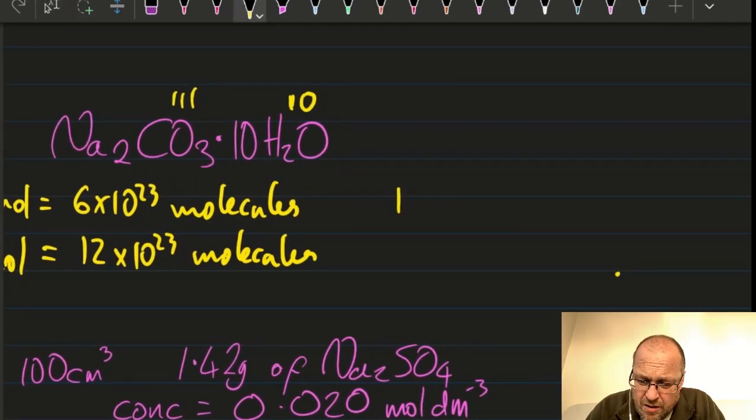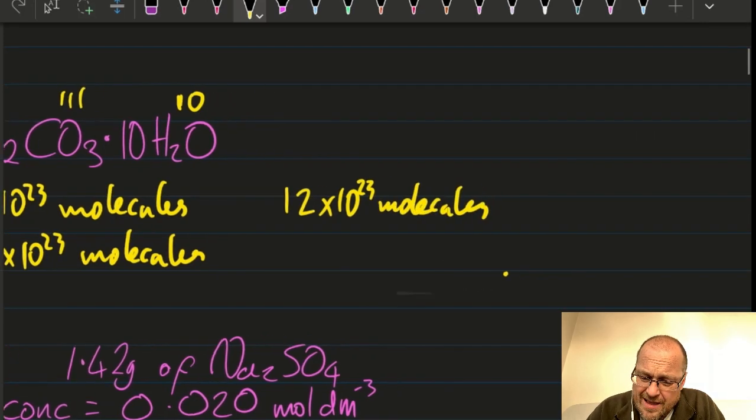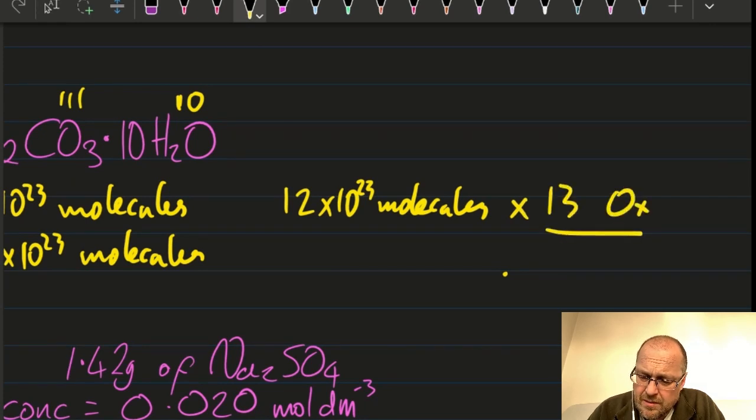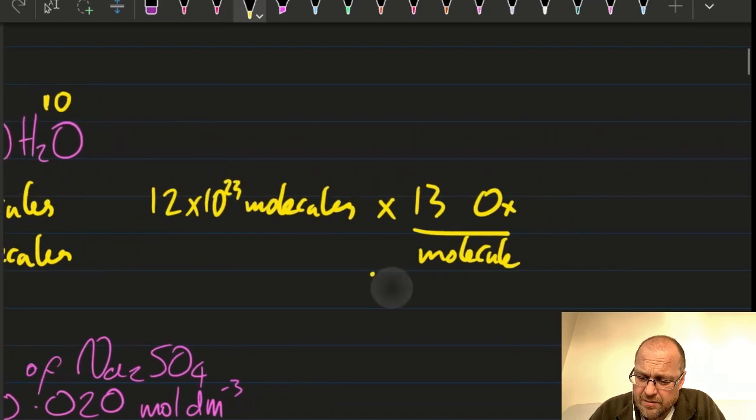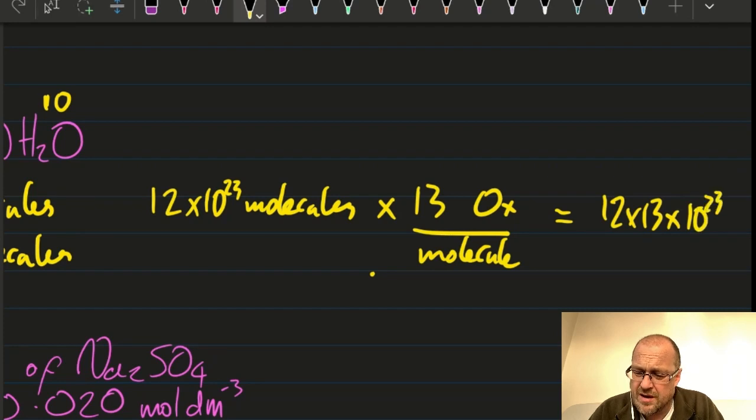So what I'm going to do, I know I've got 12 times 10 to the 23 molecules. And I've got 13 oxygen atoms per molecule. So now the answer is going to be whatever that is. That's 12 times 13 times 10 to the 23.